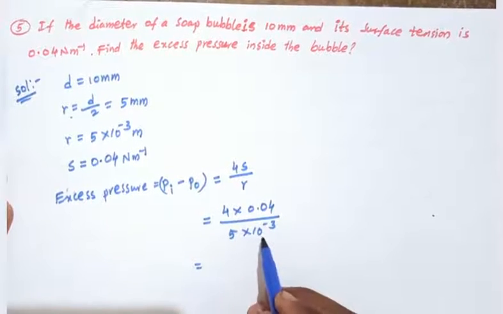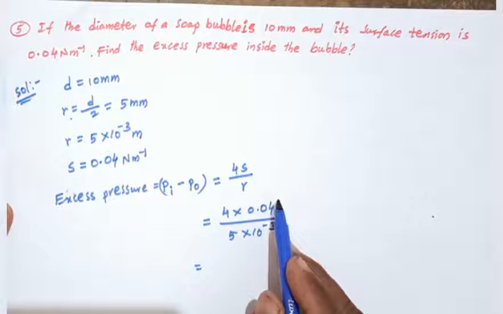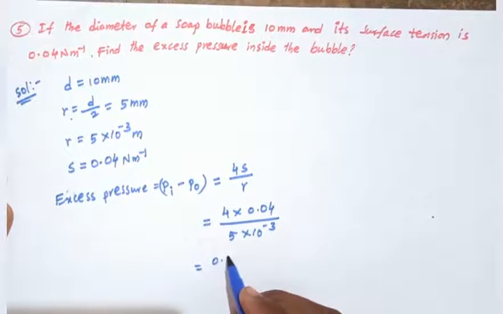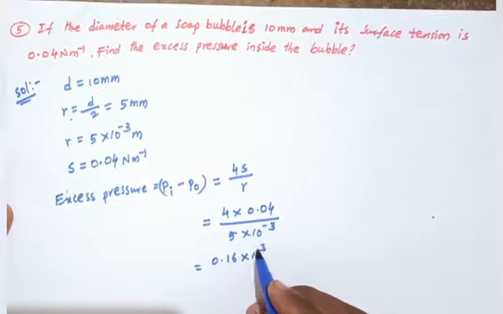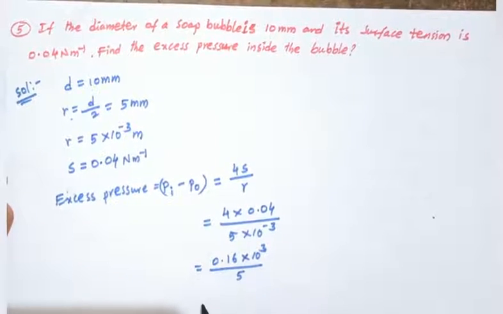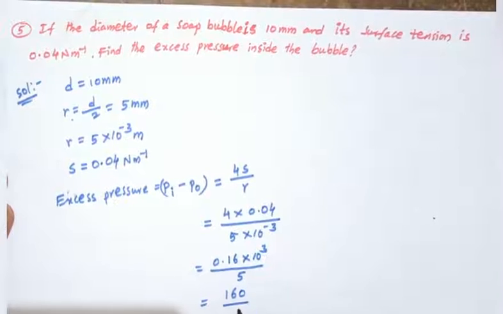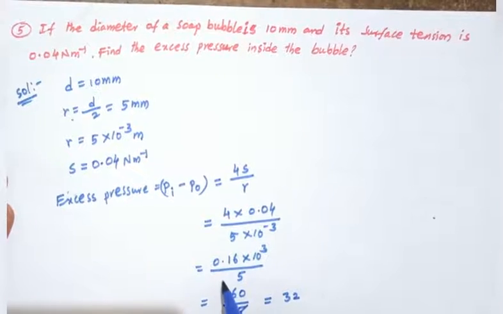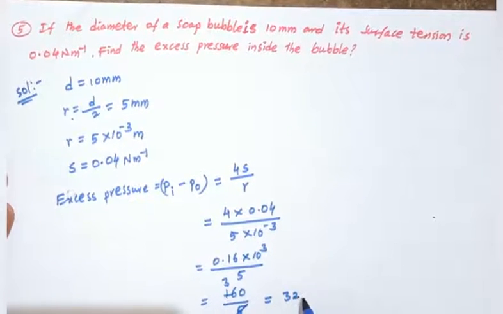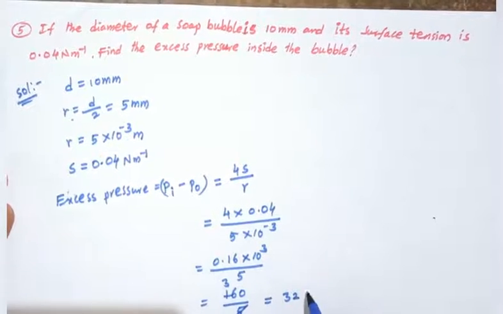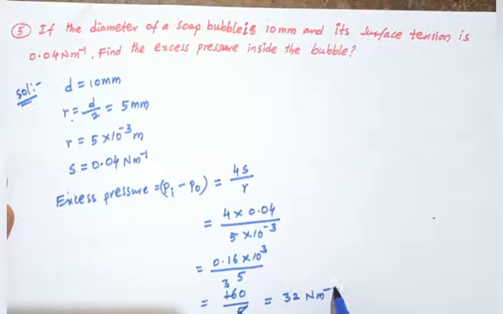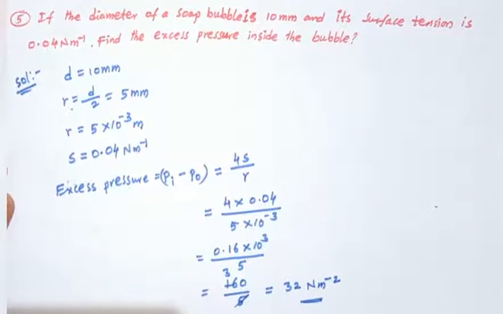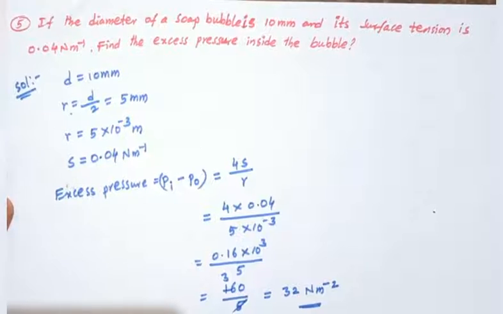The 10 power minus 3 goes to the numerator, so it is 0.16 into 10 to the power of plus 3 divided by 5. That equals 160 by 5, that equals 32. Okay, 5 ones are 5, 5 threes are 15, remaining 10, so 5 twos are 10. So this is the excess pressure, 32 Newton per meter square.